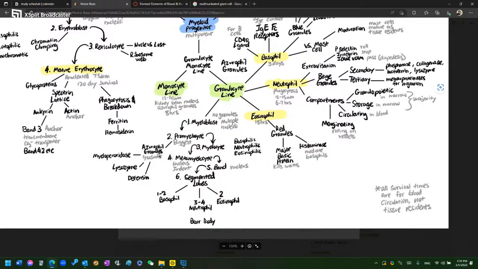Our basic phagocytosing cell has the lysosomes, and so it'll have lysozyme, defensin, myeloperoxidase to break down what it phagocytoses or what it releases. So then it will turn into a myelocyte.